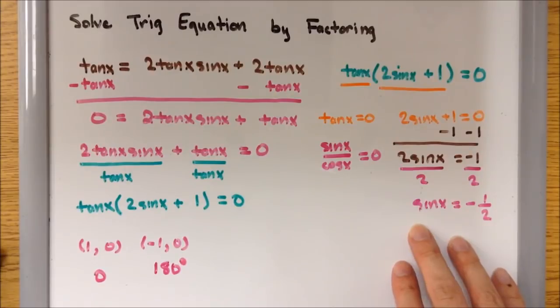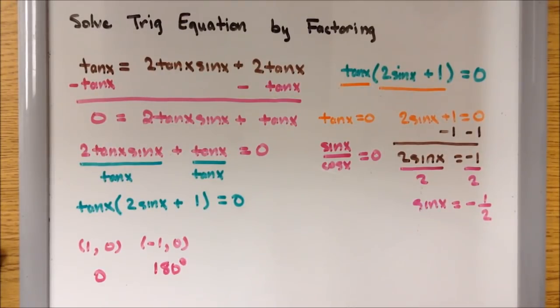Now, sine of x equal to negative 1/2. So looking at your exact values on the unit circle, you look at where the right side of the exact value equals negative 1/2. Now, sine of x equals negative 1/2 only in quadrants 3 and 4. So, looking at that, I see that sine of x equal to negative 1/2 is at 210 degrees and 330 degrees.